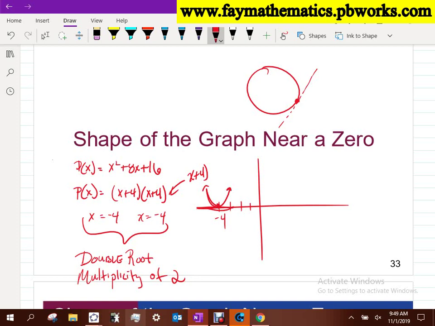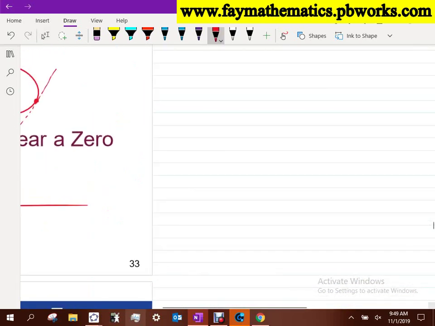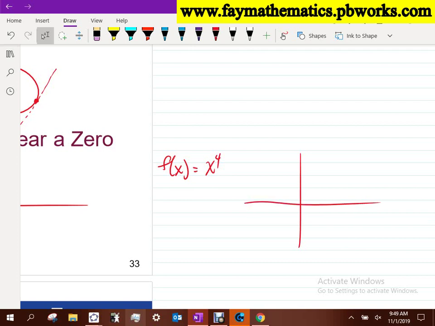Okay, so what if I had f of x equals x plus 4 to the 4th?